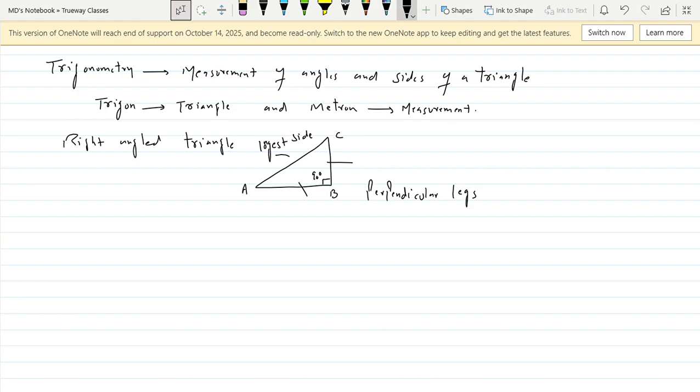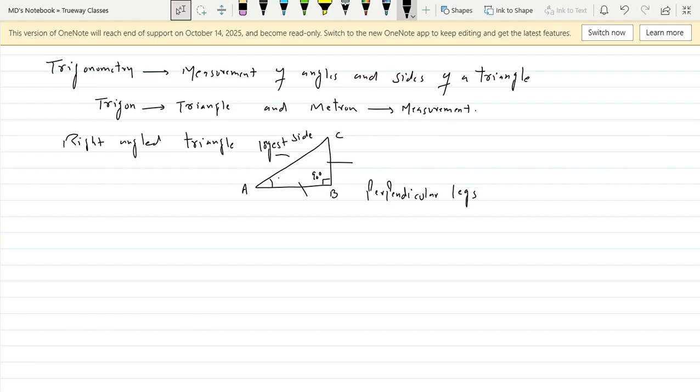We have to give separate names to the perpendicular legs. You know the sum of the interior angles of a triangle is 180, so we fix one acute angle.